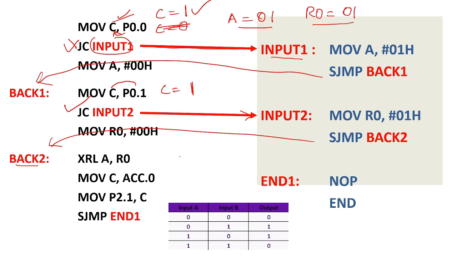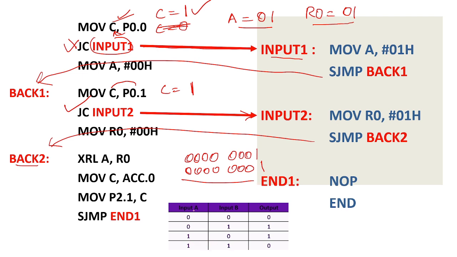Okay, so it will process the entire 8 bits. So it will be like this, right? So 1 1. What do you mean by 1 1?